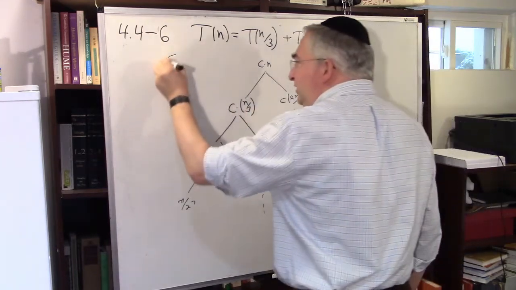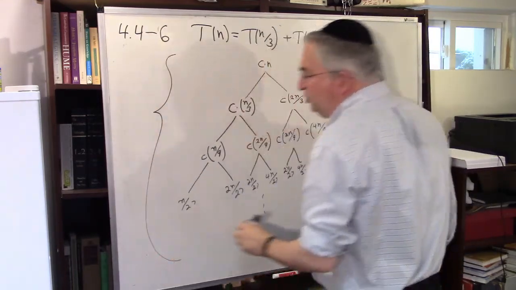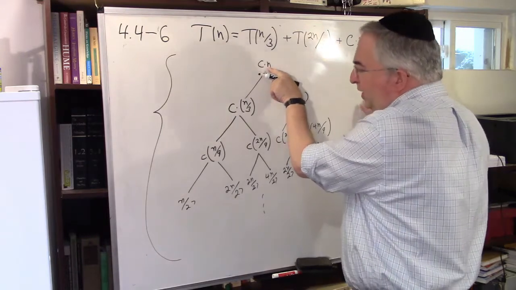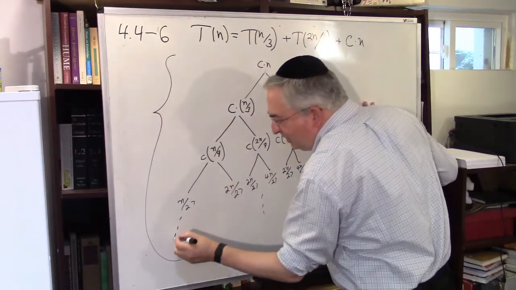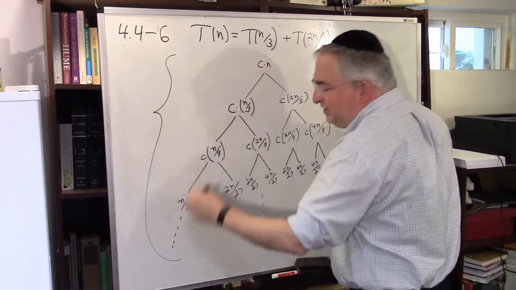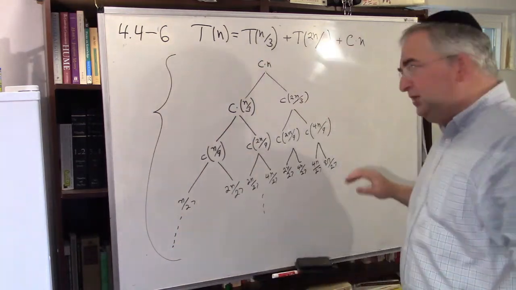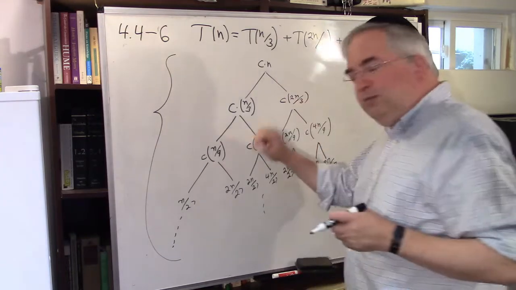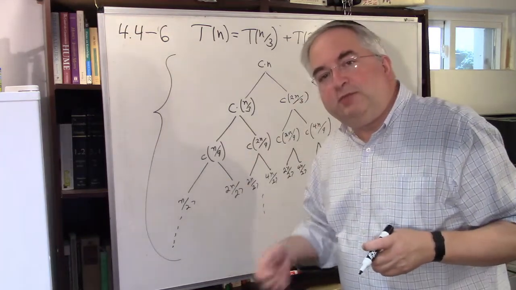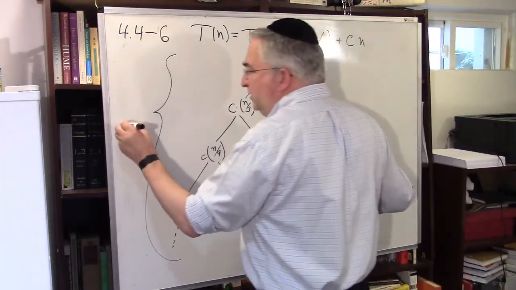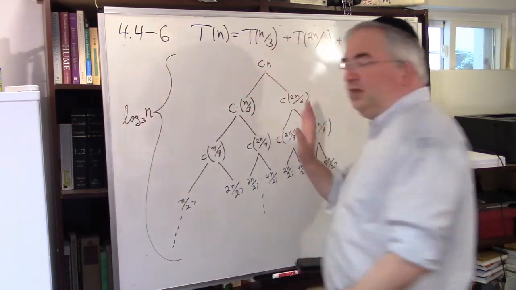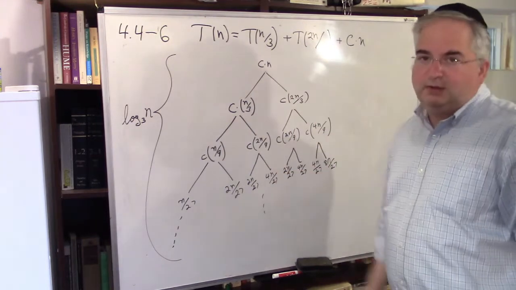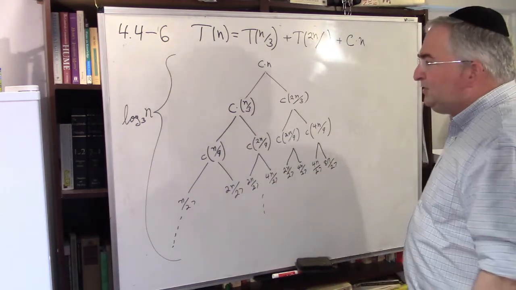But if you look at this side, you start off with n over 3, n over 9, n over 27, and so on. How long is this side of the tree? If every time you're dividing by 3, how many times can you divide by 3? The answer is log base 3 of n. That's the easy part. Now ask another question.